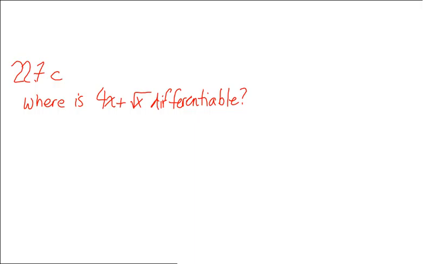Okay, so 4x is differentiable everywhere. It's a polynomial. Anytime you have a regular old polynomial, those things are differentiable everywhere. You never need to really worry about it. The problem that we have could be with that square root, because what happened last time with square roots?